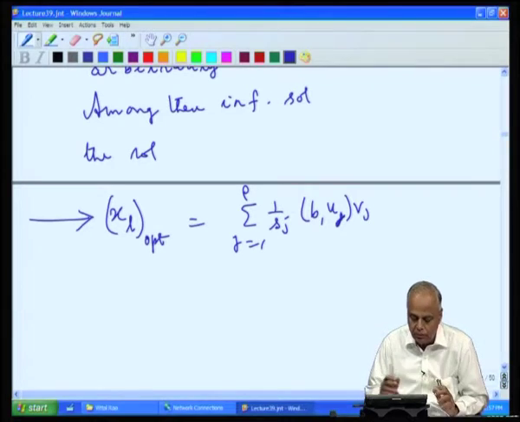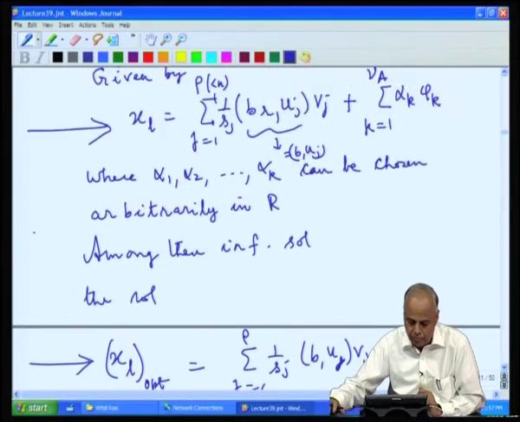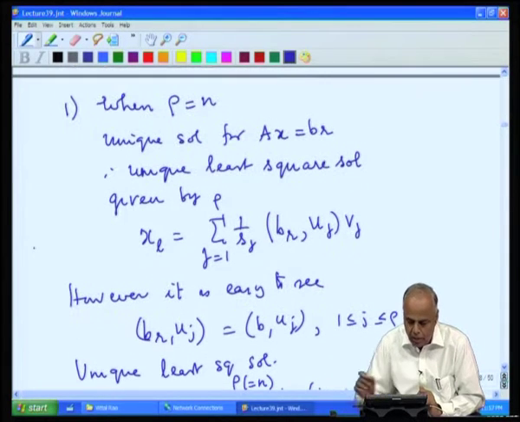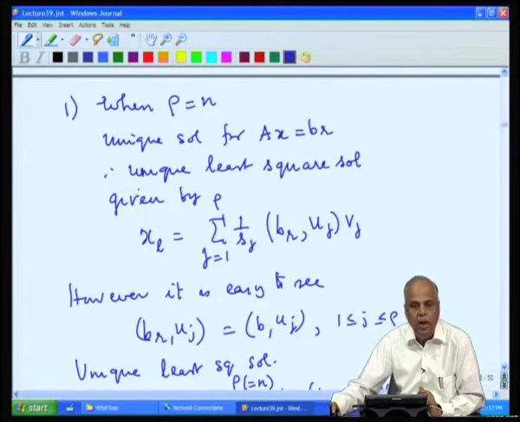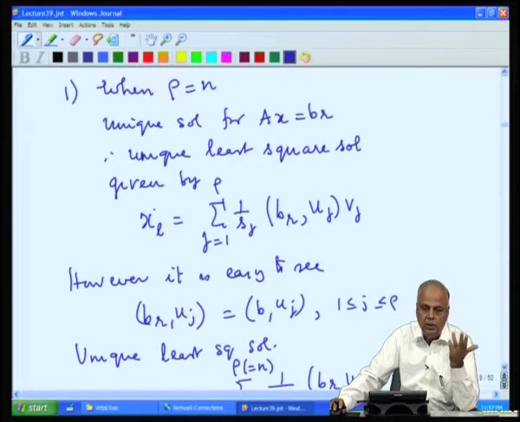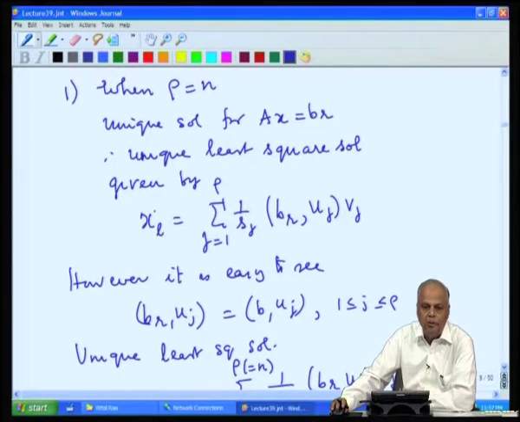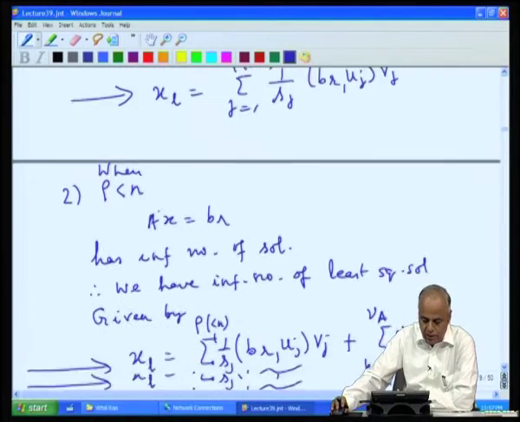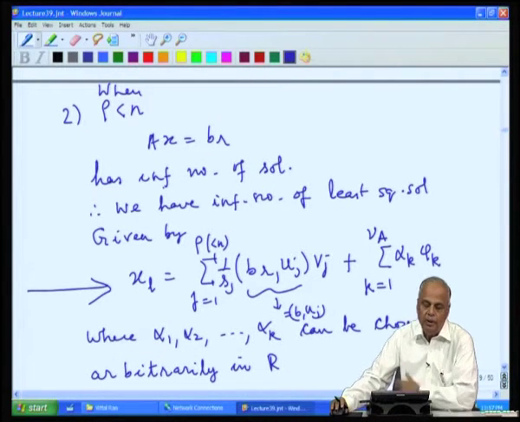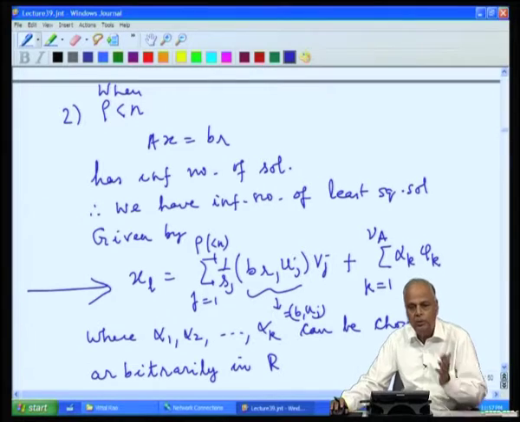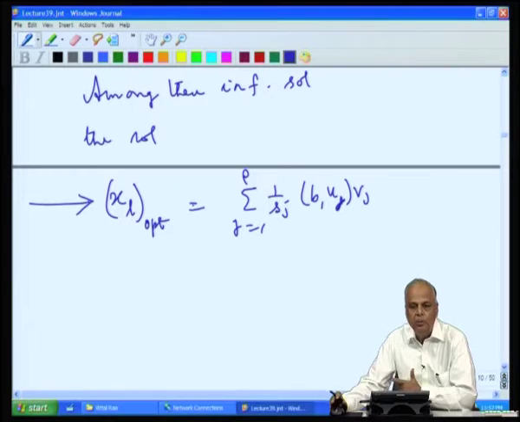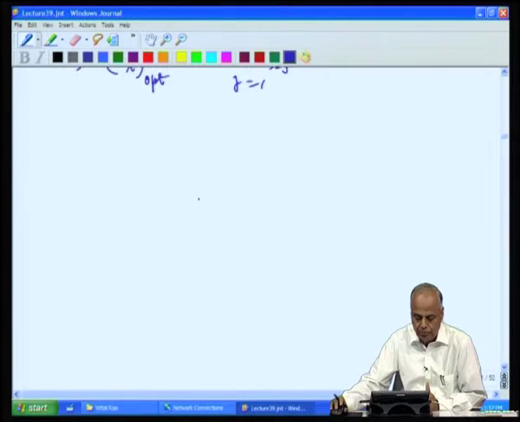This is what you notice: in the case rho equal to n, in the case of least square also we got unique solutions, and we had seen last time that when a regular solution exists with the consistency condition satisfied, then we also get a least square solution. Similarly, in the case rho less than n, we got an infinite number of solutions, whether regular solutions or least square solutions, and therefore, we always look for optimal solutions.